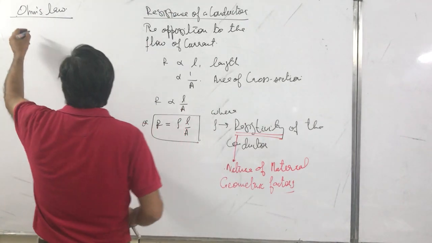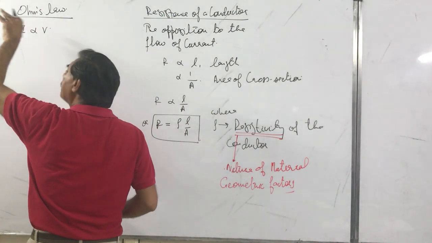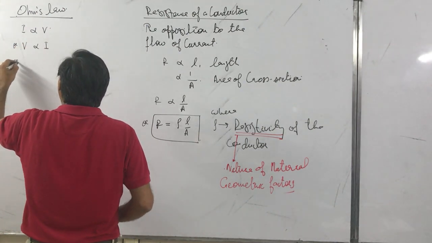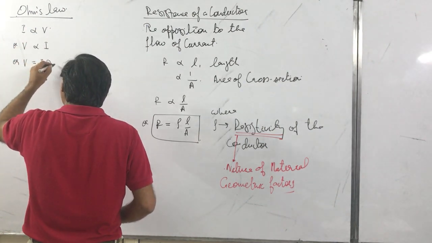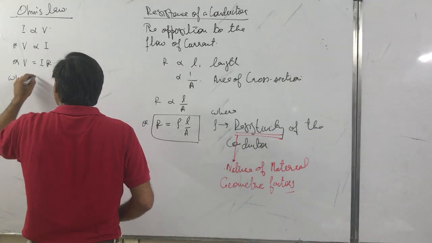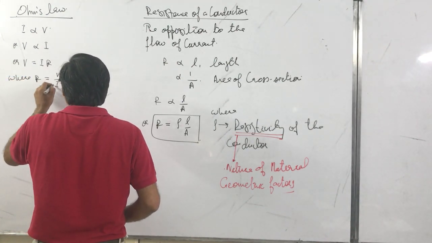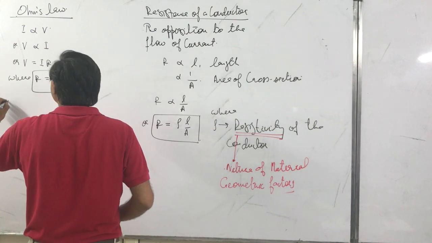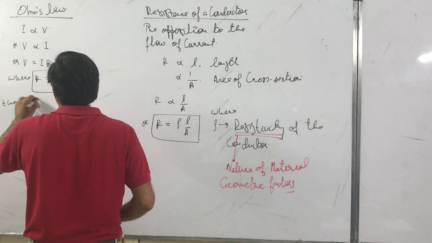So I is proportional to V. Proportionality here, or we can say V proportional to I, or V equal to I into R, where R is equal to V over I, gives the resistance of the conductor.